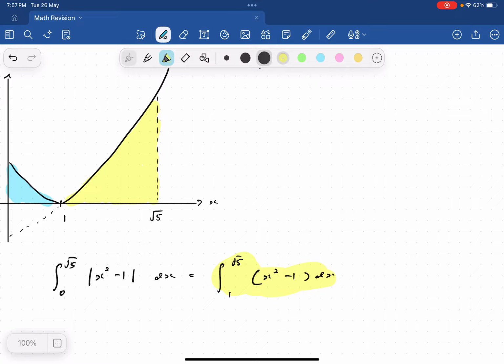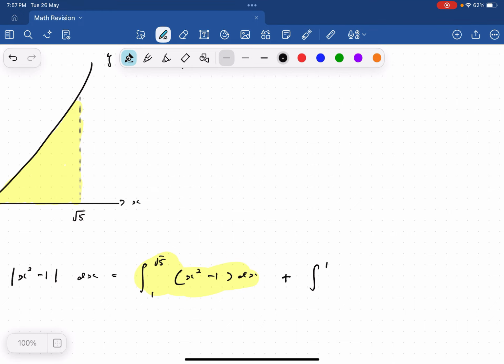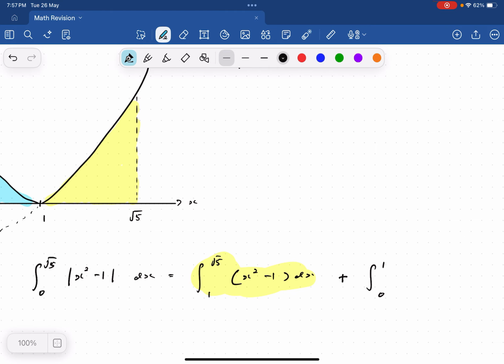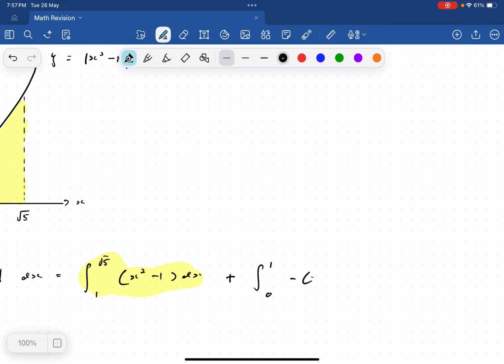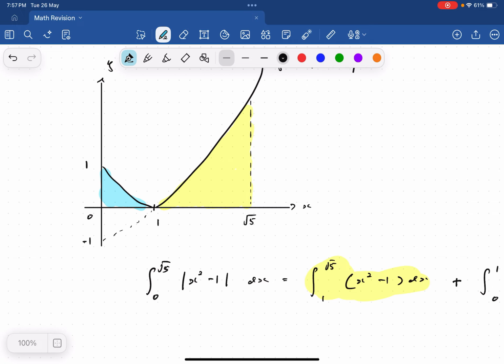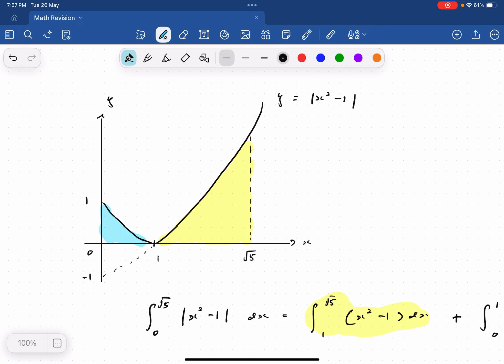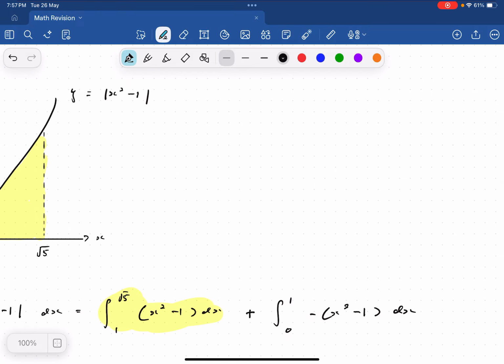But then to find the blue area, I need to take from my 1 to 0. And I cannot take x squared minus 1. I have to take negative x squared minus 1. Because you remember we learned in chapter 2, under graph transformations, if I reflect about the x-axis, it's what? It's minus in front here, right?